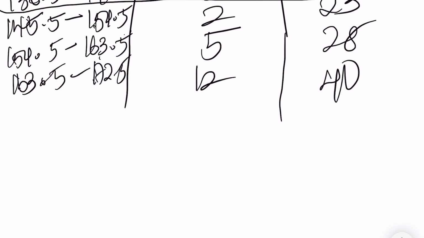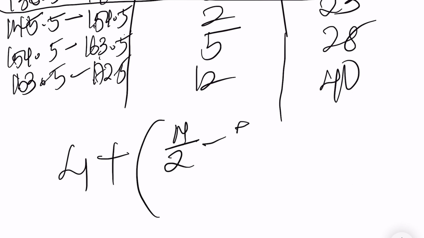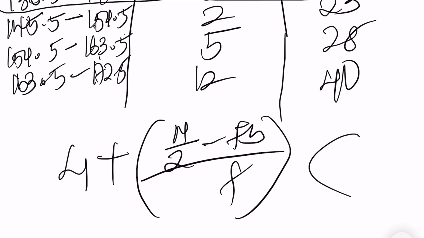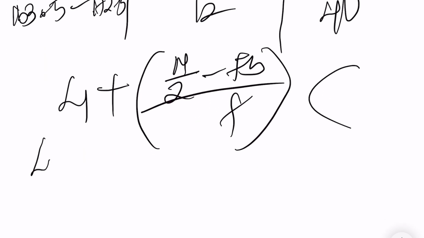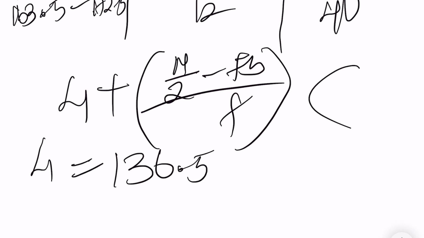Now, we all know that our median is L1 plus (N over 2 minus FB) over F, all into C. What is our L1? Our L1 is 136.5, which is the lower class boundary of the median class.